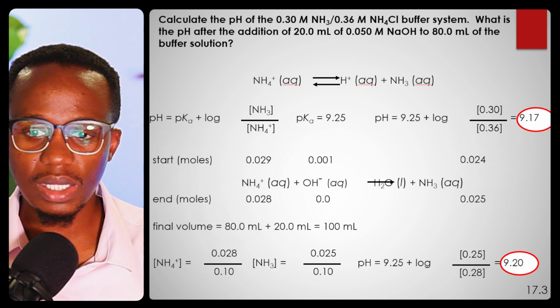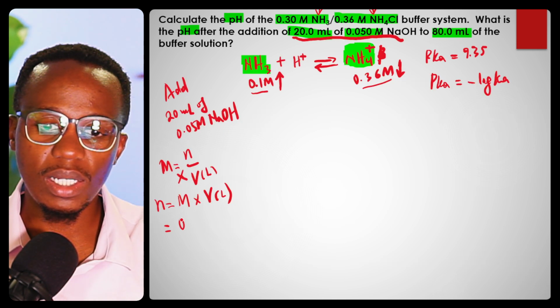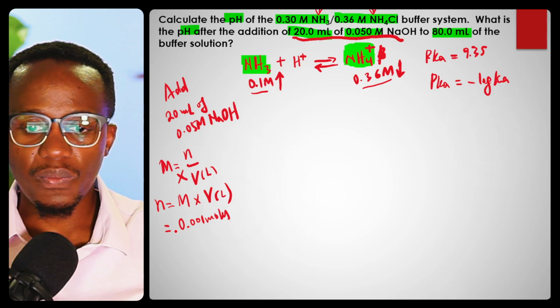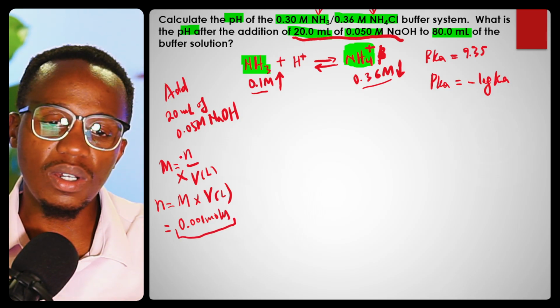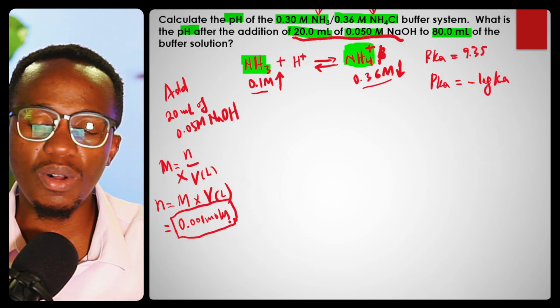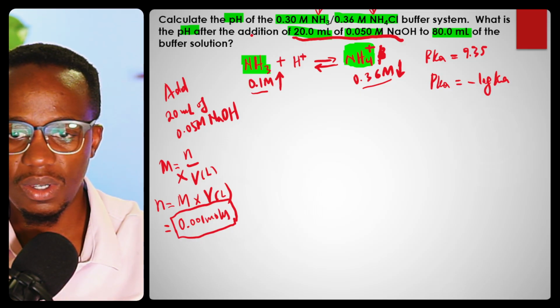And it should be the same that they calculated, right? So 0.001 moles is what we're adding. 0.001 moles is what we're adding, right? So these number of moles is the moles of NaOH we're adding to our solution, our system.